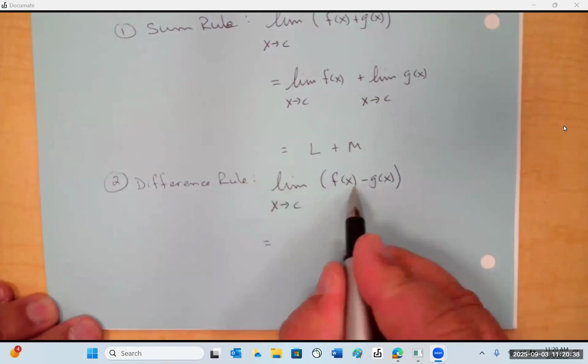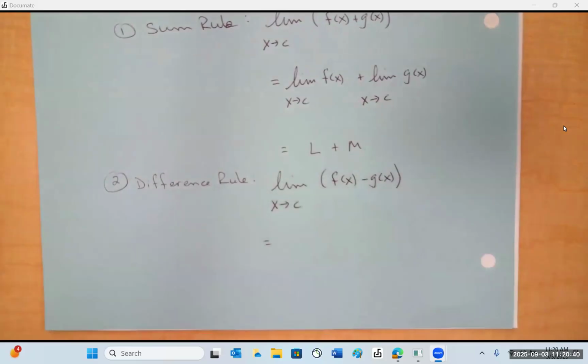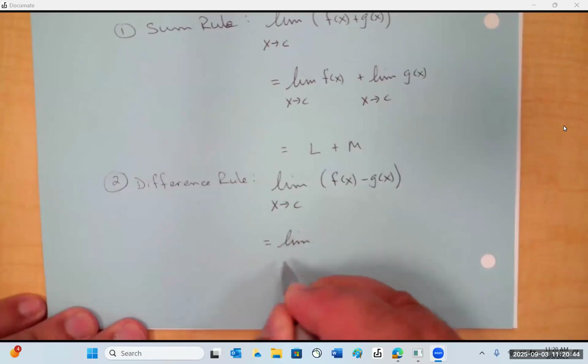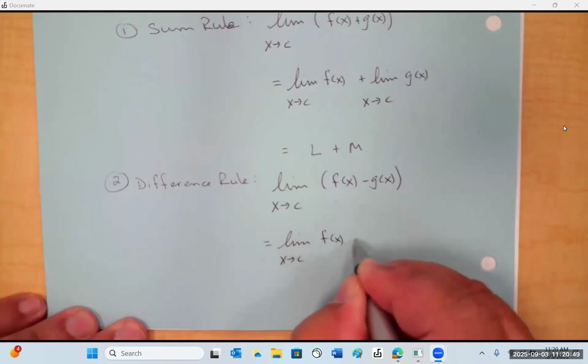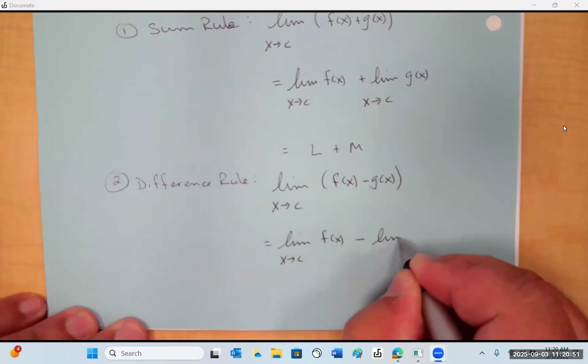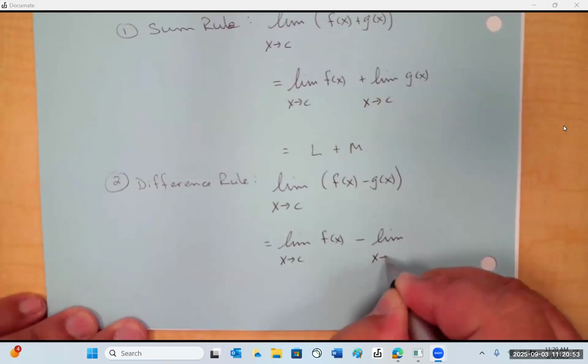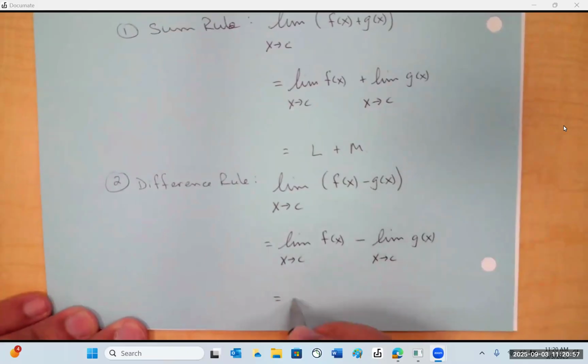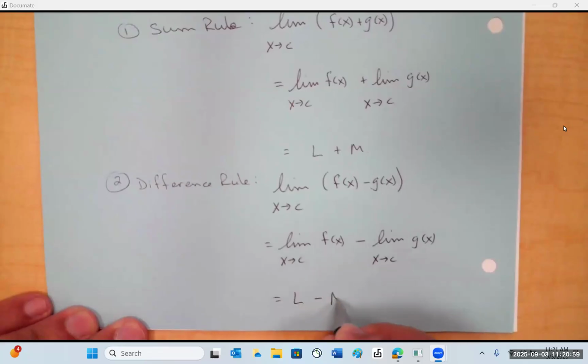I could separate them into two separate functions: the limit as x approaches c of f of x minus the limit as x approaches c of g of x, which becomes L minus M.